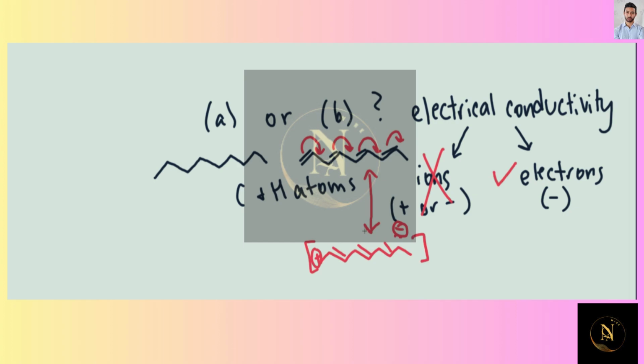This is called resonance. The whole point here is that molecule B's electrons can move around more freely because they exist in double bonds. Meanwhile, molecule A doesn't have any of these double bonds, so its electrons do not move around as freely. Therefore, B will conduct electricity better because the moving electrons can carry the electrical current better.